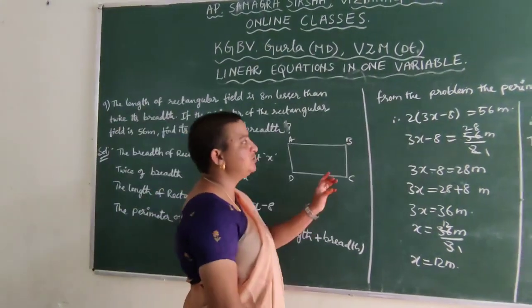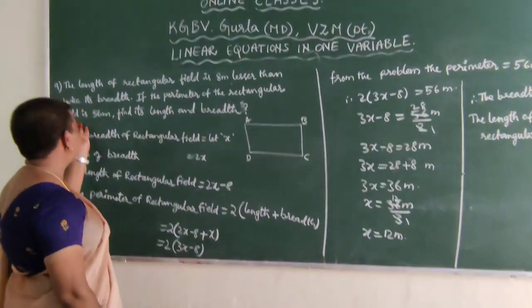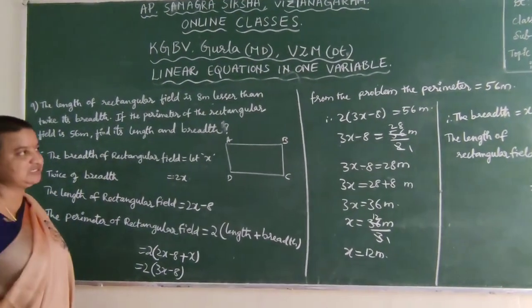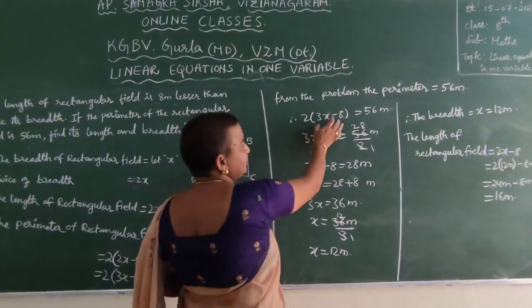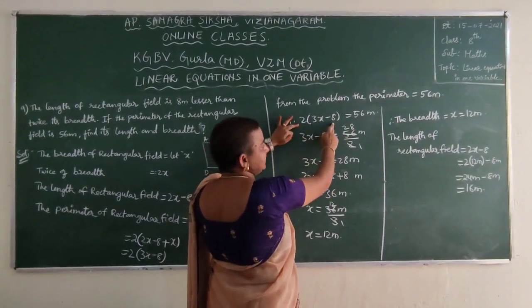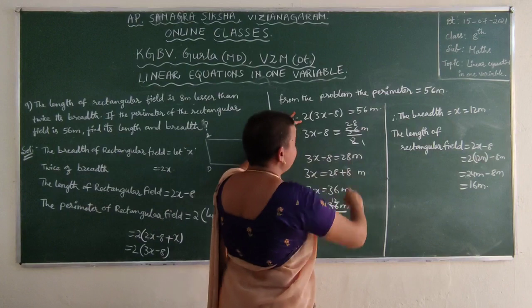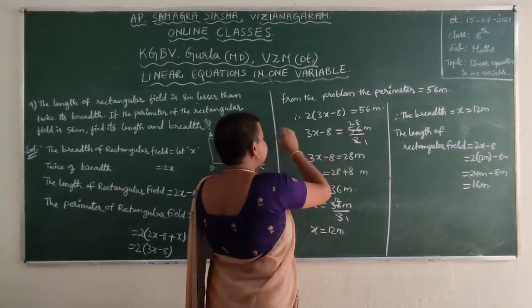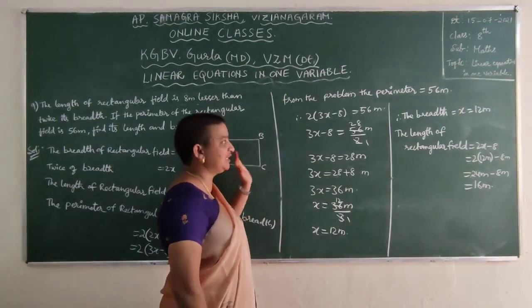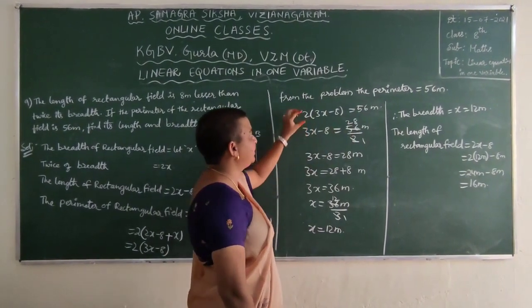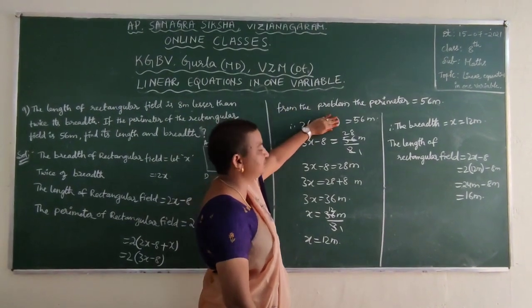Okay. So from the problem, the perimeter of the rectangular field is already given as 56 meters. That's why we have to equate these two. So 2 into 3x minus 8 is equal to 56 meters. Because this is also a perimeter, the same perimeter of the rectangle. So here 2 multiplies the term 3x minus 8.